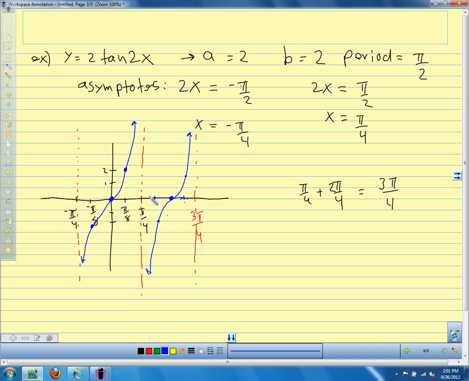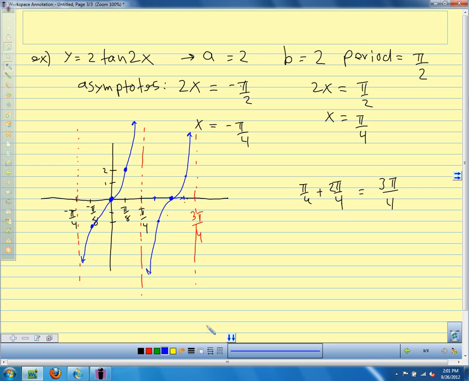You would calculate all of those by just adding the appropriate fractions of pi. Questions on that example? Graphing tangent functions, little less work than graphing sines and cosine functions.